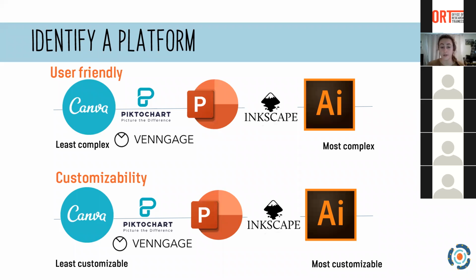There are freehand draws as well as shape tools that you can use to create your illustrations. While Inkscape and Adobe Illustrator are a little bit more complex, they do provide you the option to have vector illustrations, vector being things that are scalable without getting pixelated. So when you're creating illustrations for things like giant posters, or you want to put them on a big PowerPoint, then you might consider going that route.